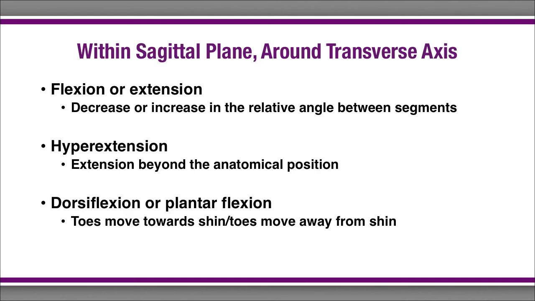Within these last slides, I'm going to give you specific anatomical movements that are known to be within a specific plane and about a specific axis. So within the sagittal plane and about the transverse axis, we know that flexion, extension, hyperextension, and dorsiflexion or plantar flexion always move within the sagittal plane and about the transverse axis.